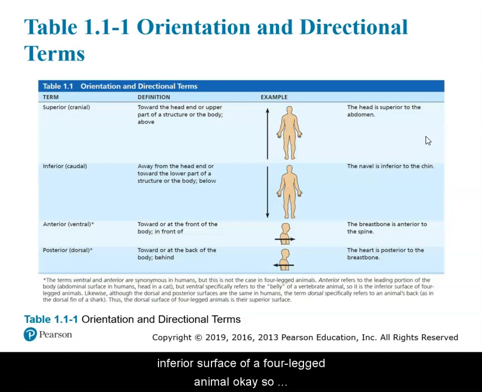Likewise, dorsal and posterior surfaces are the same in humans. However, in animals, dorsal refers specifically to an animal's back, like I said, the dorsal of a dolphin, the dorsal of a shark. The dorsal surface of four-legged animals is actually the more superior surface.